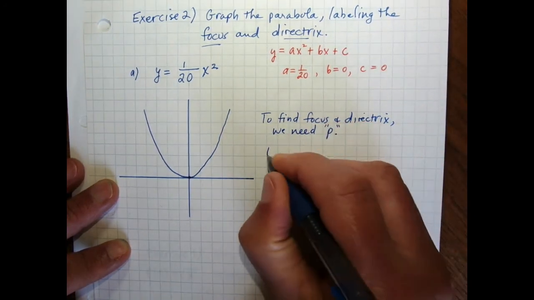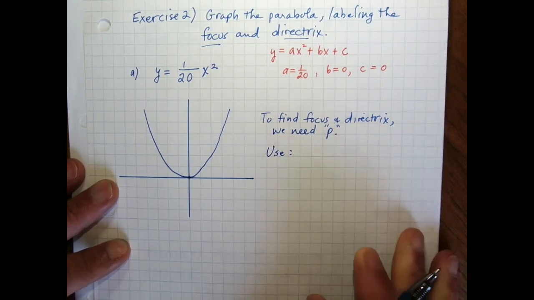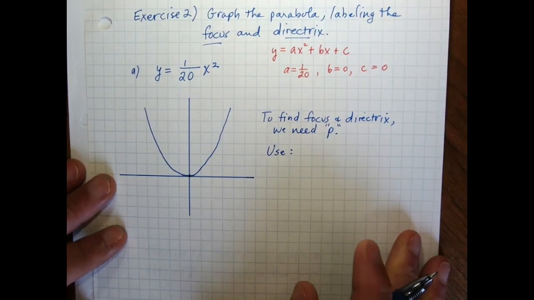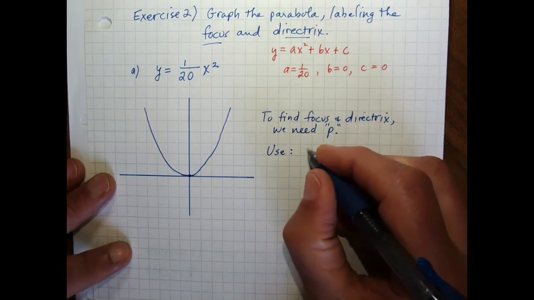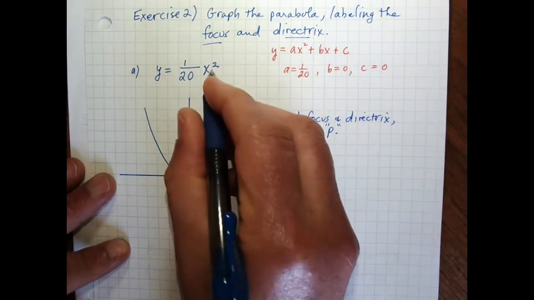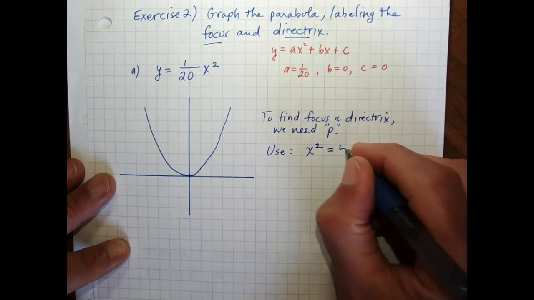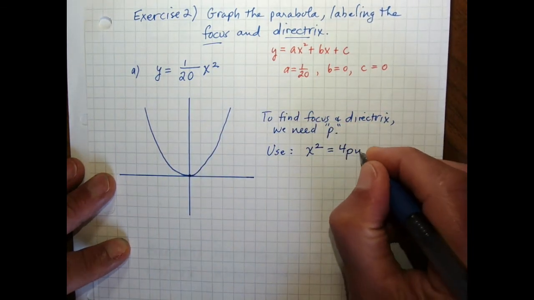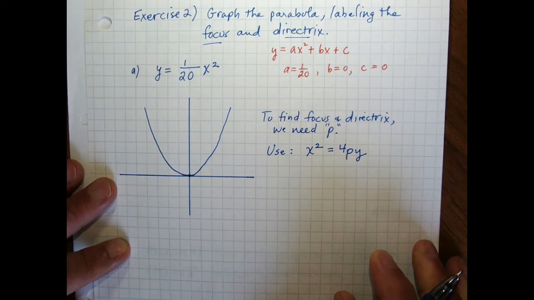And so we're going to use the standard form of the equation, which in this case is always one of the variables squared. So we have x squared here. I'll write x squared equals 4p times the other variable not squared. So we're going to use x squared equals 4py.